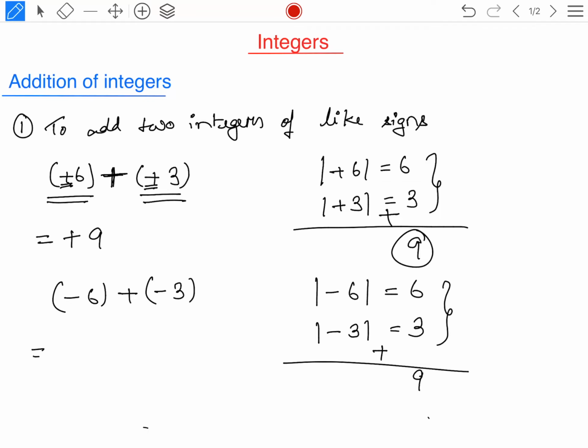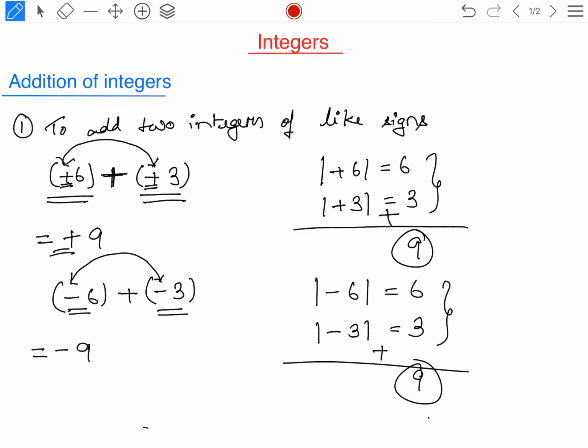6 plus 3 how much? 9. Yes or no? But in this case, you can see that in both the integers, the negative sign is common. So what sign will we use? We'll use the negative sign, and our answer will be -9. Understood? In the first case it is positive because in both integers the positive sign was common.